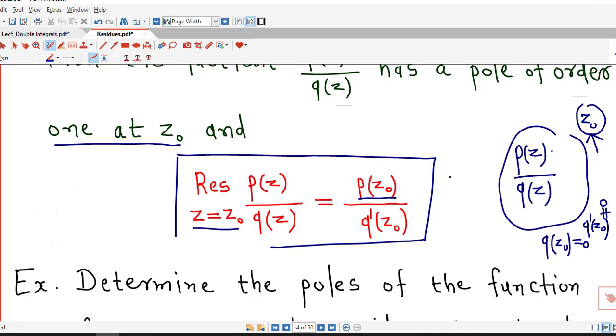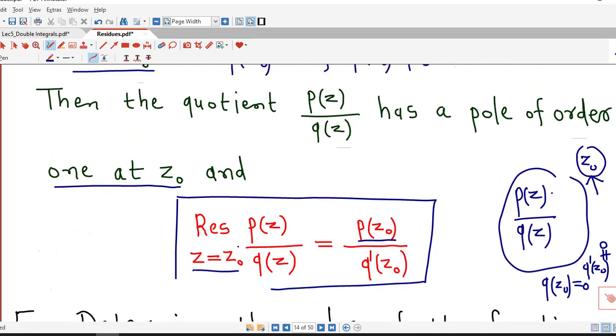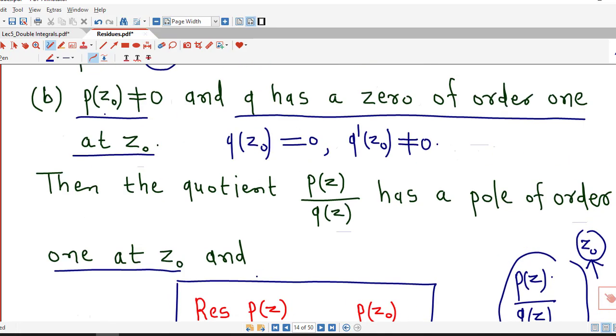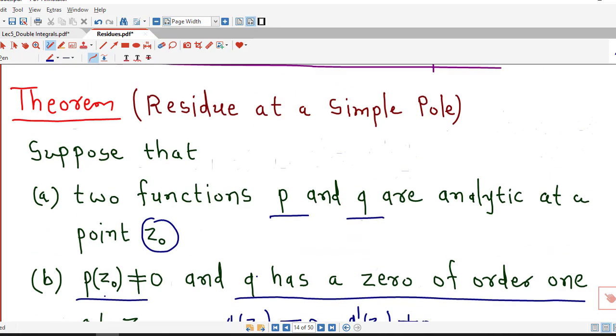So if these two conditions are satisfied, then we can determine the residue of p(z) over q(z) at z equal to z0 using this formula: the value of p at z0 divided by the value of the first derivative of q at z0. So we will remember these two conditions.